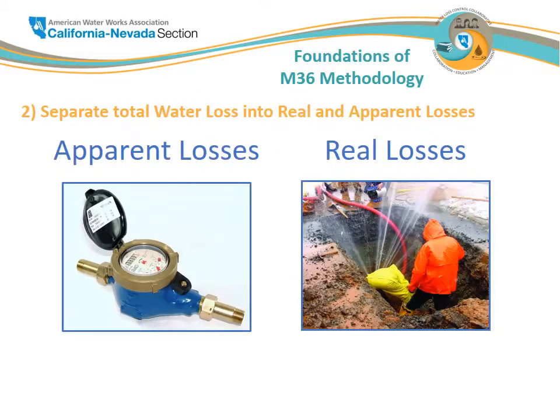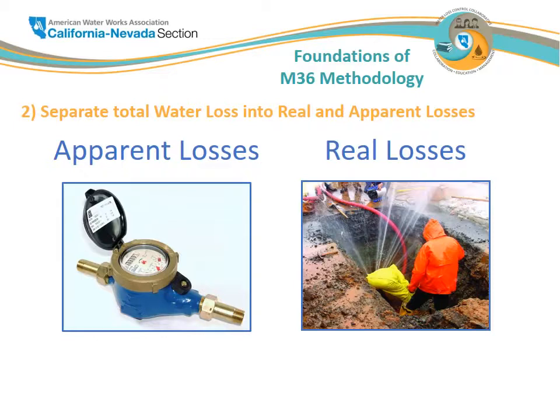Here's our reminder that water losses is composed of two very different types of volumes. We've got apparent losses. Those are the losses that occur at the point of water transfer to a customer. In fact, no physical water is lost in an apparent loss. The water is used by a customer. It's just not paid for.